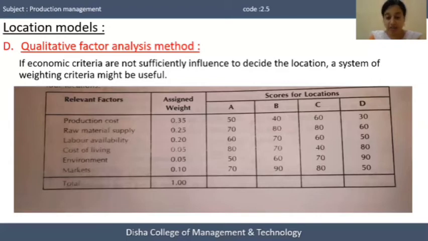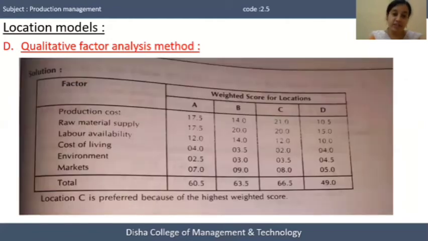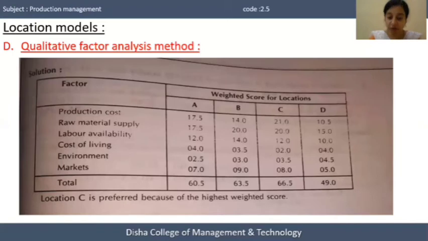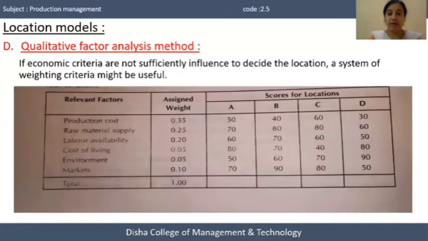So the production cost at location A equals 50 into 0.35, that is 17.5. Again, the production cost score at location B equals 40, and the assigned weight is 0.35. So the score at location B equals 0.35 into 40, that is 14. So as per the score assigned to a particular location, he has to multiply that score with the assigned weightage.